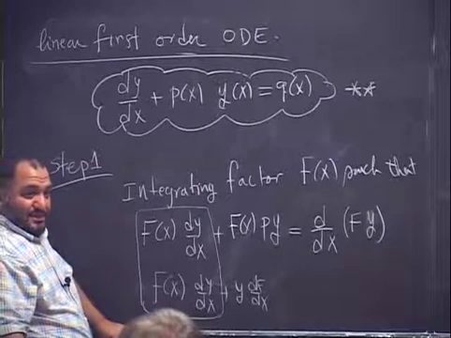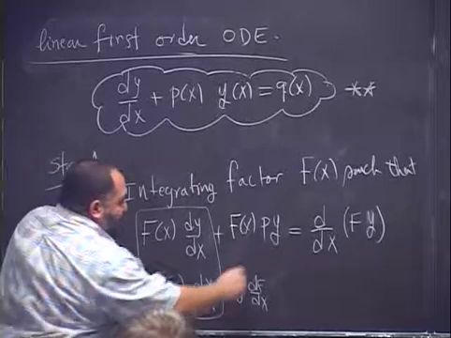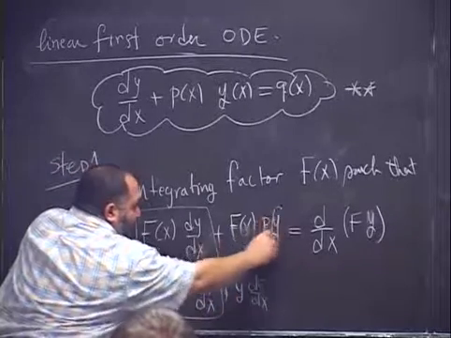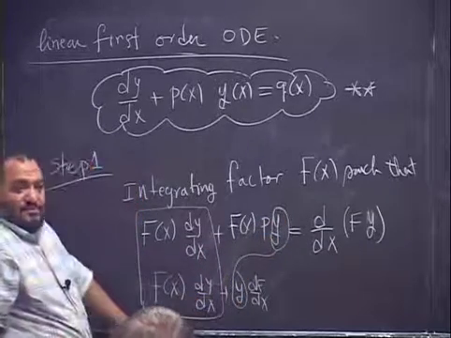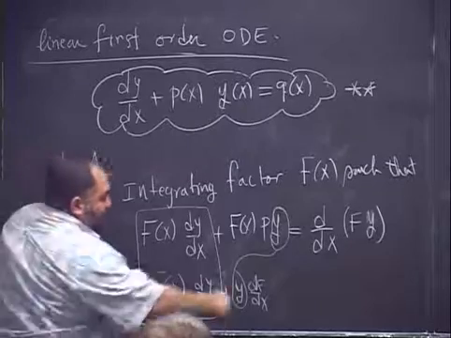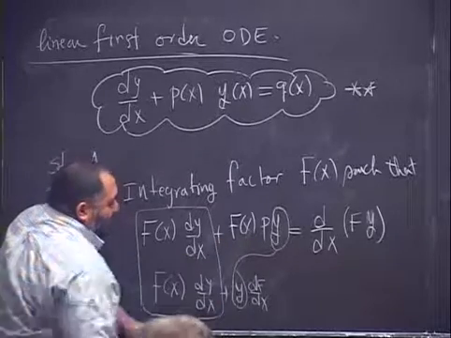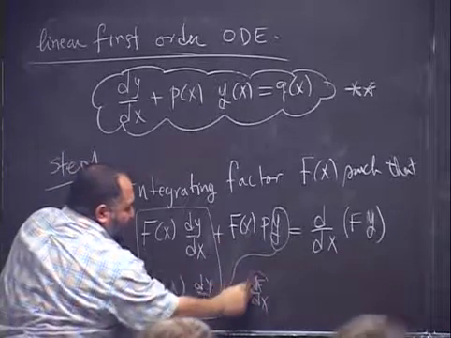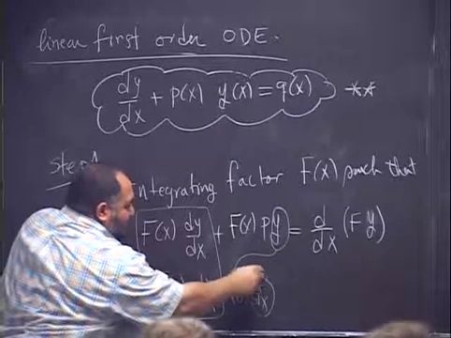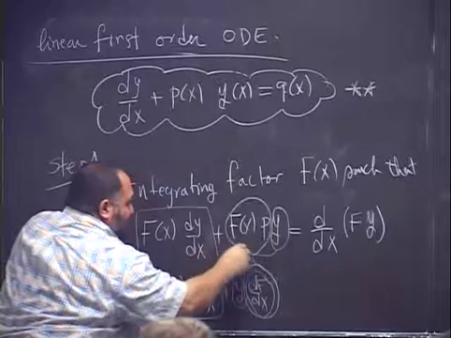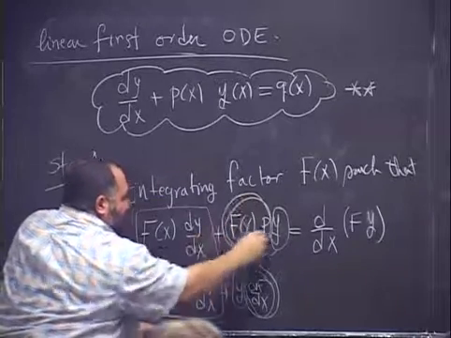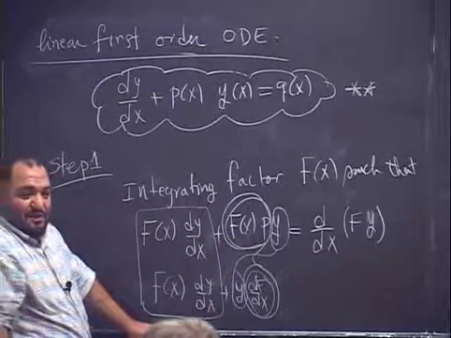Yes, guys? Those two are the same. And here, y from here is equal to y from here. So in order for those two terms to be equal, I require df by dx to be f of x multiplied by p.